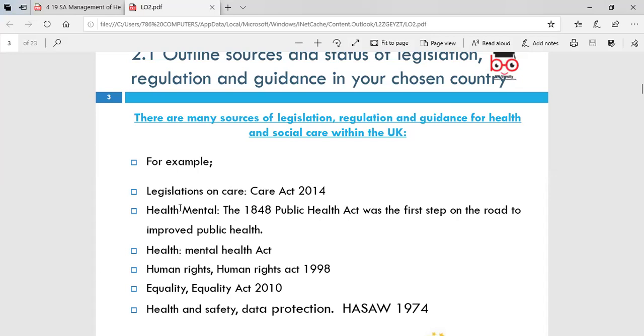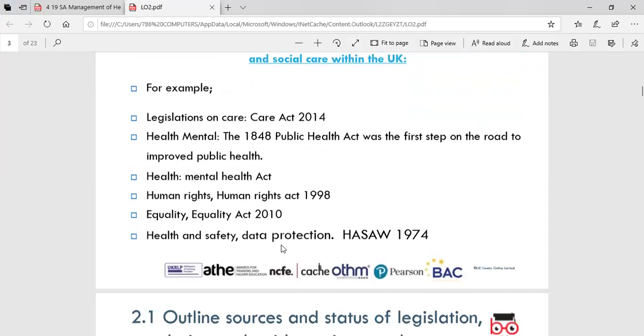You have the Mental Health Act. In 1848, there was a Public Health Act, which was the first step on the road to improved public health. Then you have the Human Rights Act 1998, the Equality Act 2010, which we talked about a bit yesterday, and Health and Safety and Data Protection 1974.